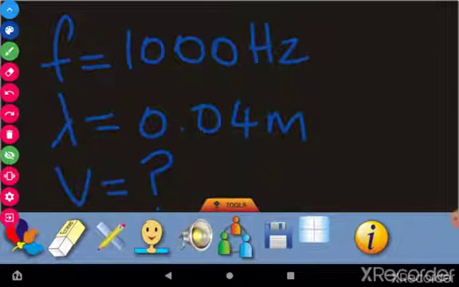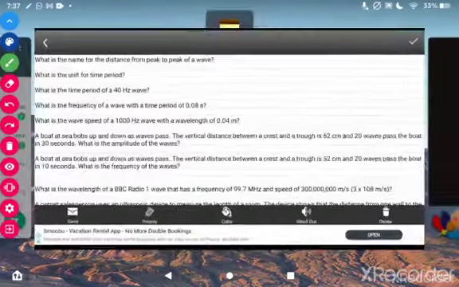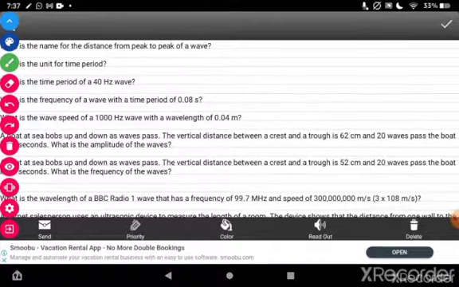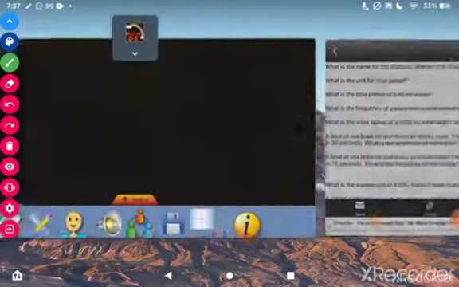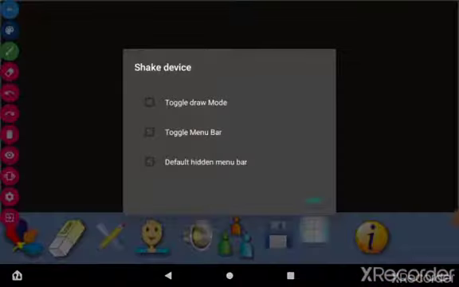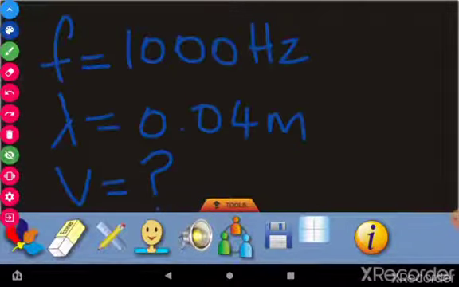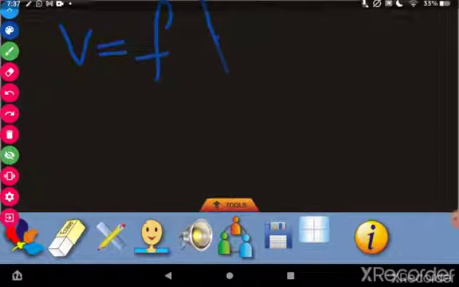So we need a formula that can be used to reconcile or combine all the information that we have. Which formula is that? I know you know the formula. It is V is equal to F lambda.